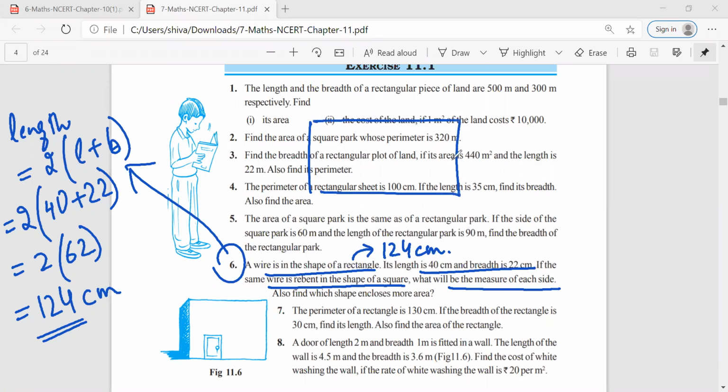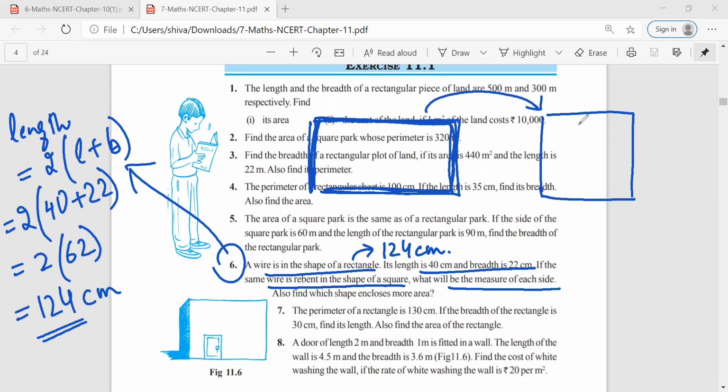So the perimeter of this rectangle is actually the length of the wire. So this length would be equal to the perimeter of the square, because the same length is being used. Any doubt? No, sir.